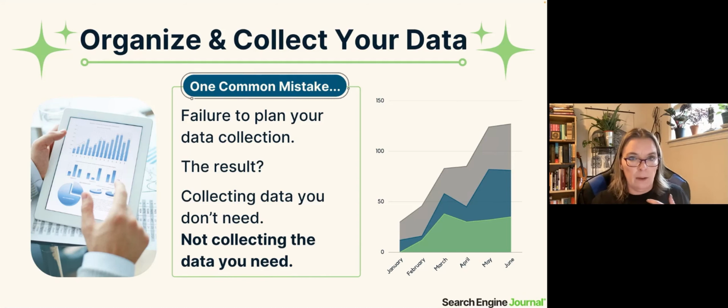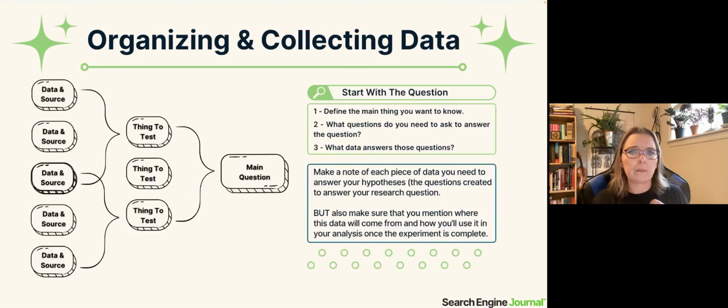I'm going to recommend that you use a system similar to what we use when we build our state of SEO reports. It's also one of the standard organizational methods that data scientists will often use to find answers. And here's how it works. You start with your original research question, and then you list out all of the things that you need to know in order to answer that question properly.